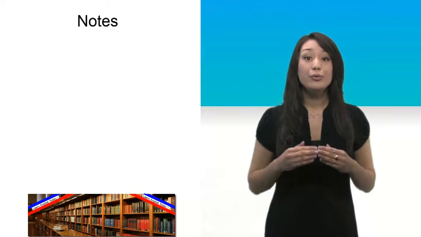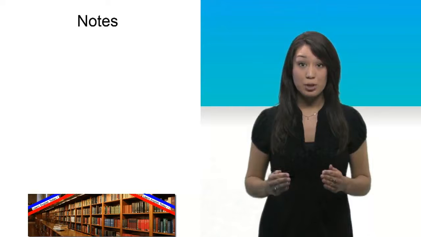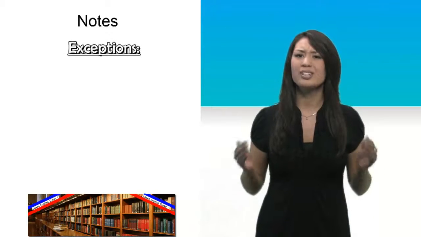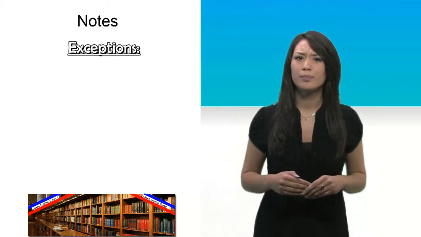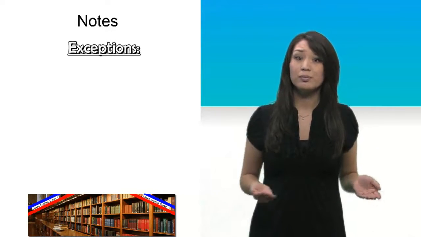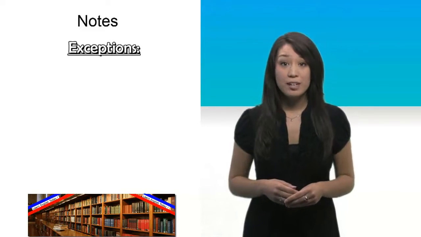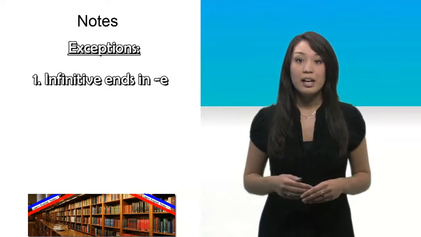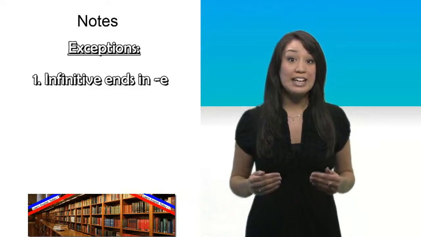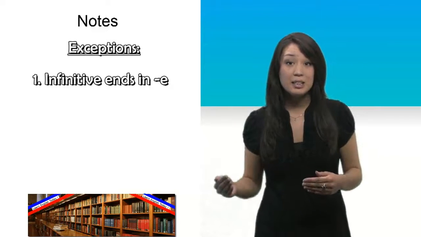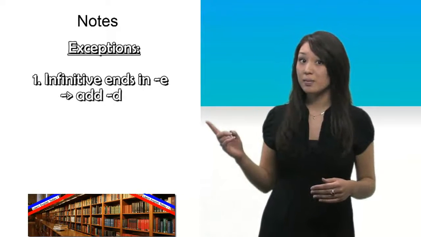There are a few very important exceptions to this rule, or we could say, this rule doesn't always work. So when doesn't this rule work? When the infinitive already ends in e. If the infinitive already ends in e, you do not add ed, but just the d.